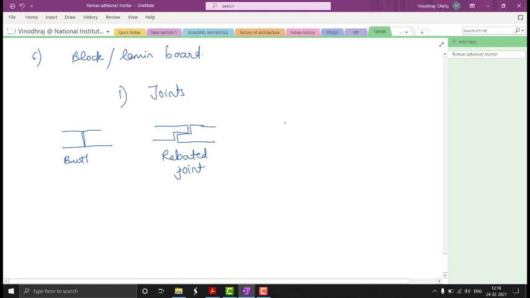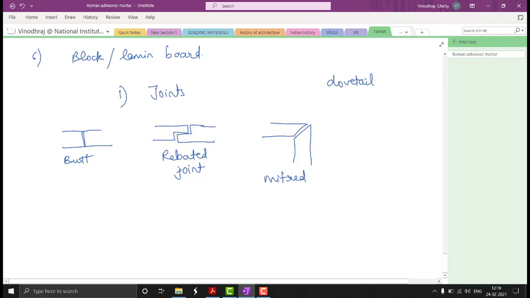This is a butt joint, a rebated joint, and this type of joint in the corner is a mitrate joint. You can Google these pictures and you will understand it better. There are many other joints like dovetail. So: butt, rebated, mitrate, dovetail.